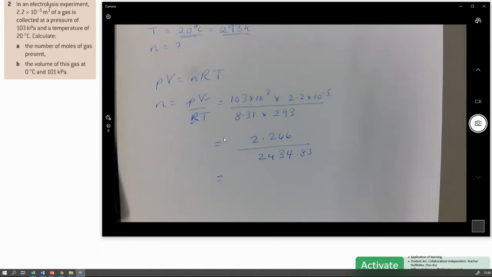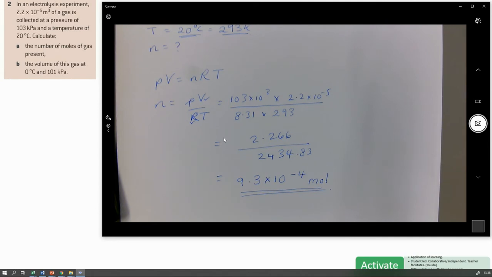Let's do my calculation now. 2.266 divided by 2434.83 equals, and I get an answer of 9.3 times 10 to the minus 4, and what we're looking for, moles. Okay, and that is the answer that the mark scheme told me, so that's all good.